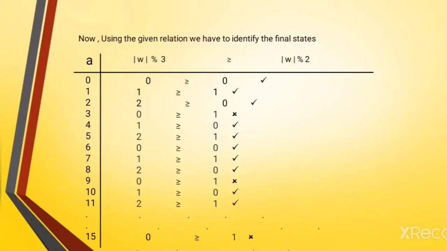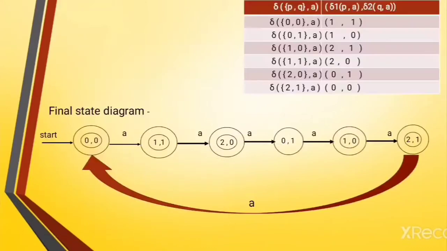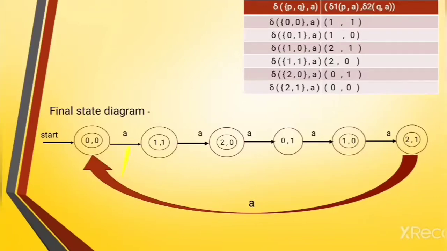If the number of A's is 3, the condition is never satisfied, and if the number of A's is 9, then also the condition is not satisfied, and if the number of A's is 15, then also it will not be satisfied. Here, if the number of A's is 3, then the state will not accept. See here, 1A, 2A, 3A, then the state will not accept.